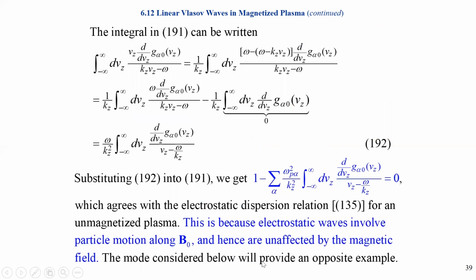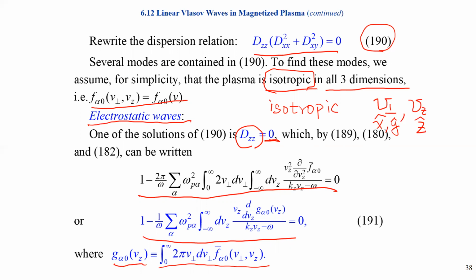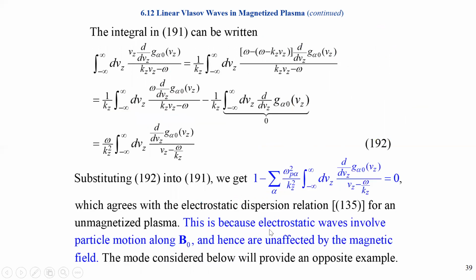Okay, move on. In other words, that's the integration, equation 190, shown here. The integration tells us that we have a singularity here, and we can rewrite this integration into this form.